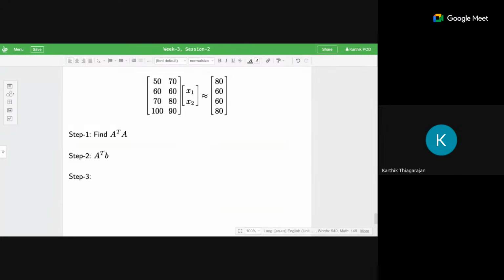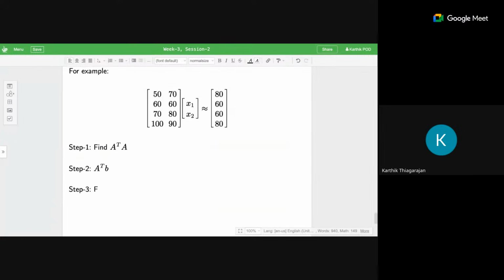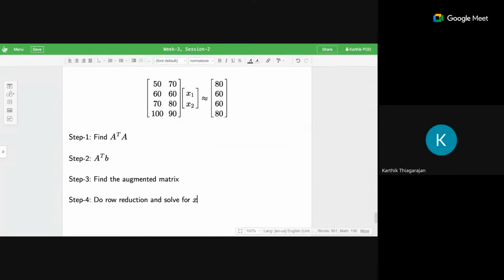Step three would be to find the augmented matrix, and then do row reduction and solve for X. You will mostly get infinite solutions, so what you have to do is find some particular solution. Okay, so that's the idea.